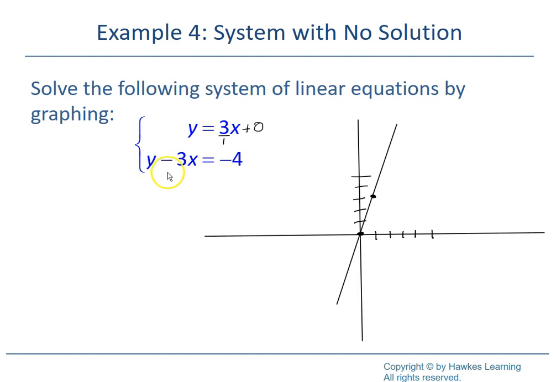Now, this other one, we have to find first how to graph it. And for this one, I think I would convert this to slope-intercept. So y, transposing the -3, becomes 3x here. And our y-intercept is -4.